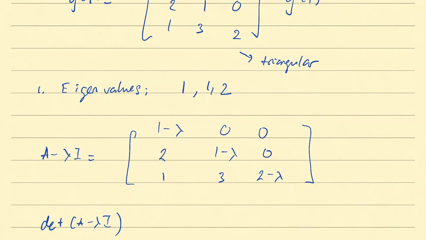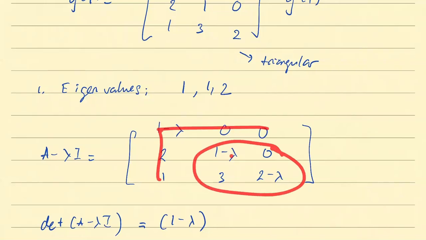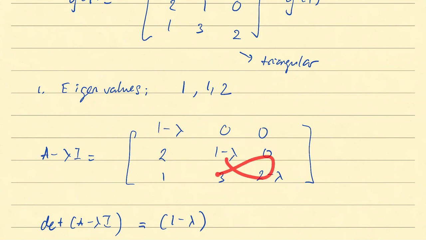You obviously pick the one with the most zeros. If you expand along the first row, you get 1 minus lambda times the determinant of this, and the determinant of this 2 by 2 is exactly 1 minus lambda times 2 minus lambda. So it's exactly right there: 1, 1, and 2.